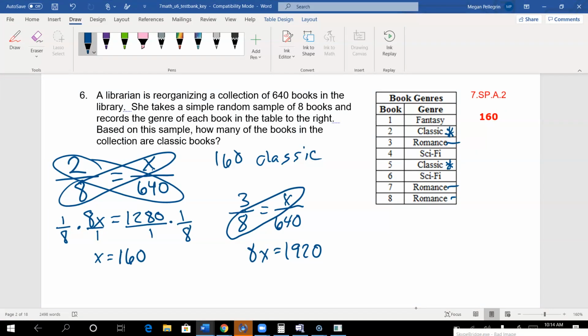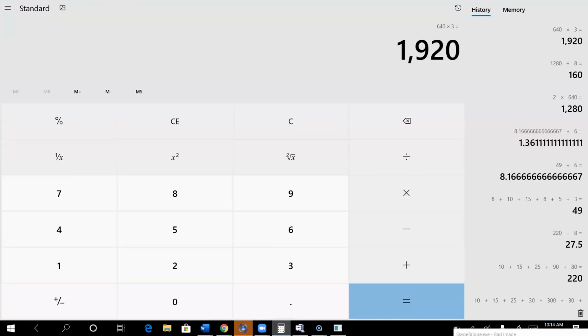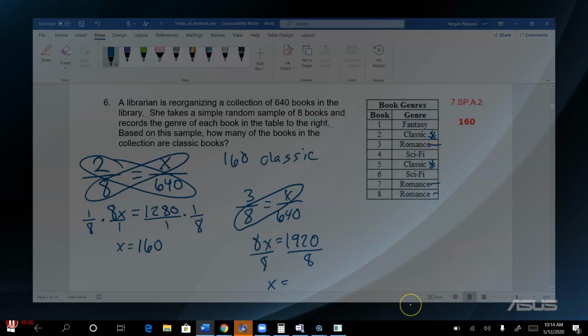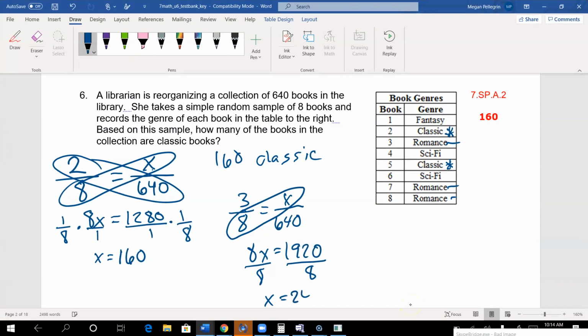And then we need to divide both sides by 8 or multiply by the reciprocal, 1/8, like we had done before. So x is equal to 1,920 divided by 8 gives me 240. So 240 of the books were romance.